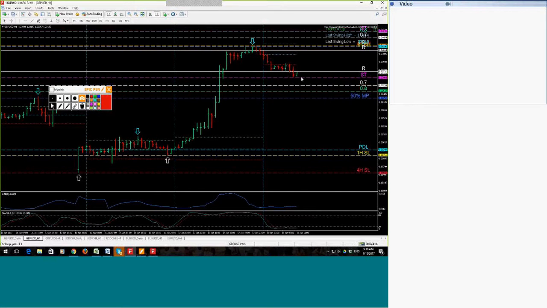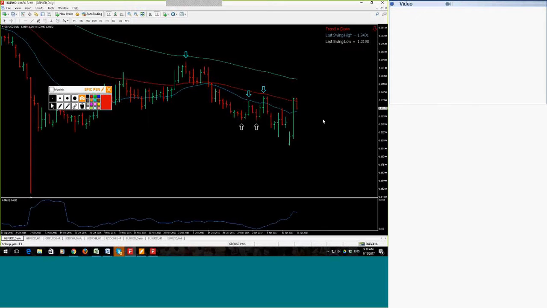Because if it crosses below the stretch level, then we're not going to take any more trades. We're just going to close it for the day. If it gives us a reversal signal, then we can go towards taking it. Okay, so we'll see how it plans out. But we haven't really had a scenario like this before, where it's on more than 70 pips.